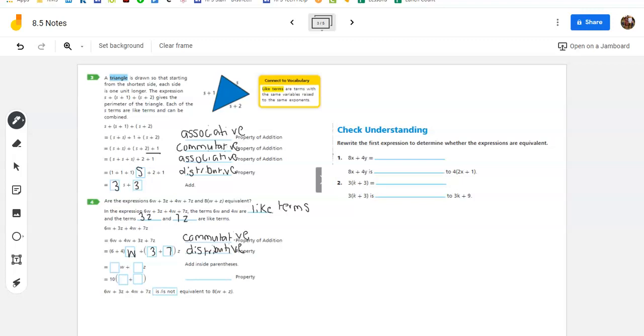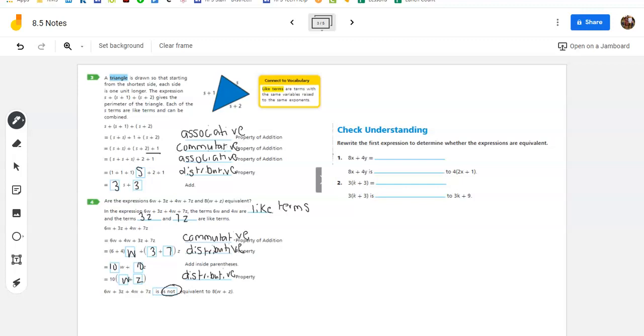So 6 plus 4 is 10. 3 plus 7 is 10. So my letters I have are WZ. This is distributive. So they are not equivalent because this has a 10 on the outside, this has an 8 on the outside.